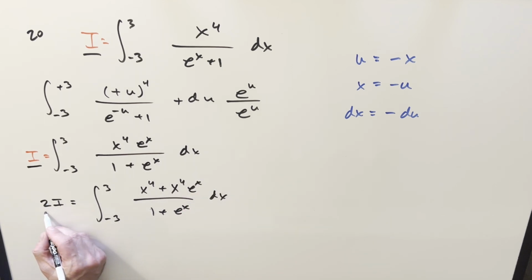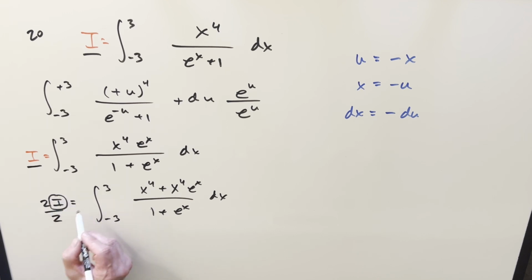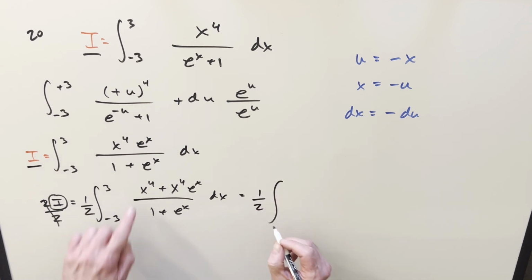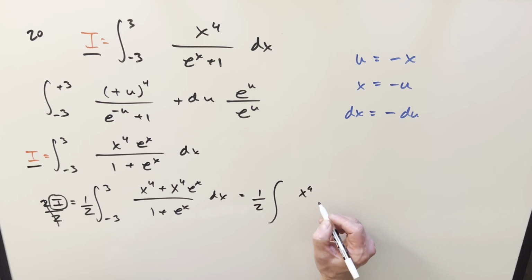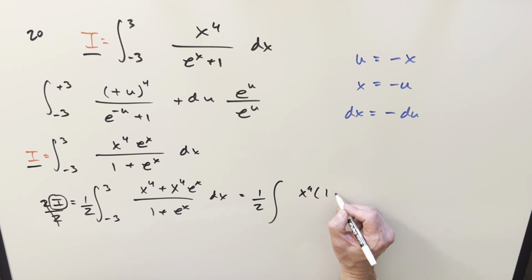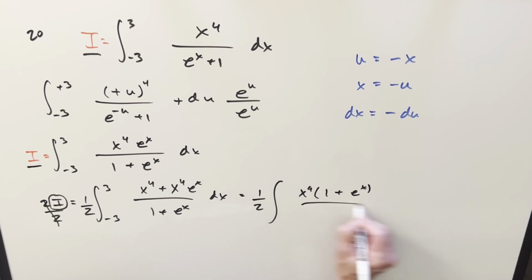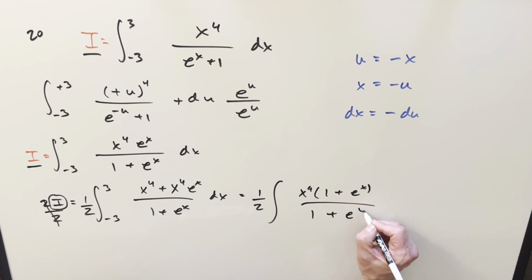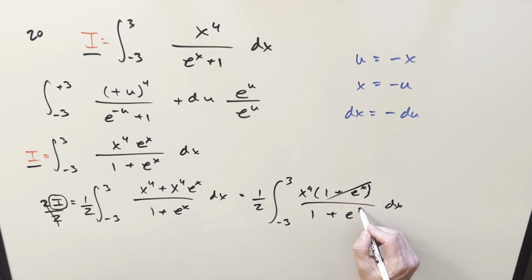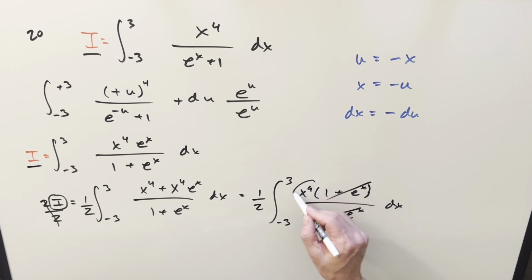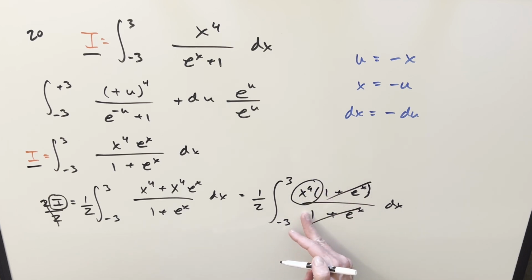But now let's get rid of this 2 in front, because our goal is just this I. So if I divide off 2, let's multiply by 1/2 here. Then let's factor out an x to the 4th, because we've got that in common. So this becomes x to the 4 times 1 plus e to the x over 1 plus e to the x. But now we can cancel 1 plus e to the x and 1 plus e to the x, so we're just left integrating x to the 4th, which we can do with power rule.